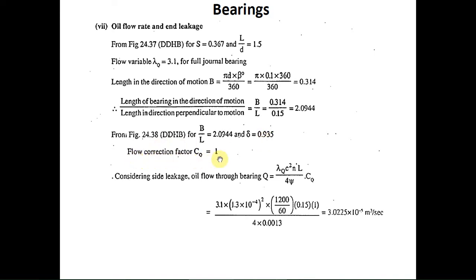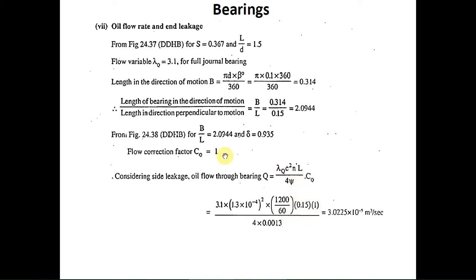What are you doing here? You are doing this for the equation considering the side leakage, oil flow through the bearing, Q equals this formula. Put all the values: lambda Q is 3.1, C is 1.3 into 10 to minus 4, N is the RPM, L is the length, and CQ is 1 here.